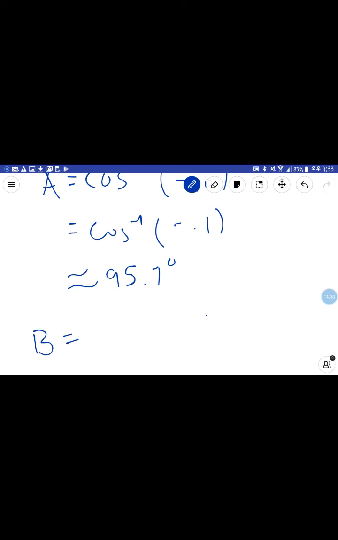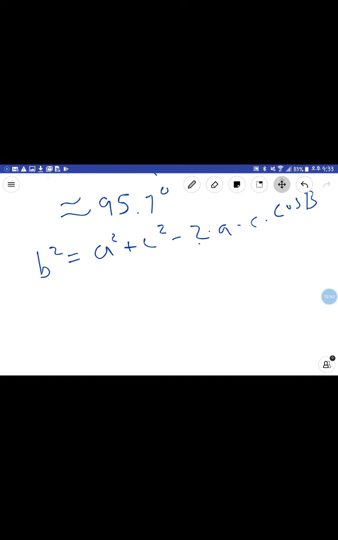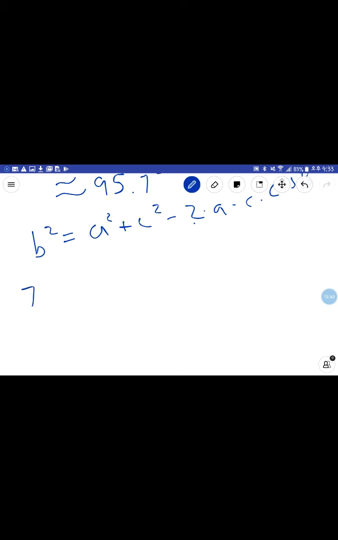Okay, so we're going to do it all over again, the same work. So we're going to use our formula b squared equals a squared plus c squared minus 2 times a times c cosine b. Now apply all our information. What is my b? 7 squared, 9 squared, 5 squared minus 2 times 9 times 5 cosine b.